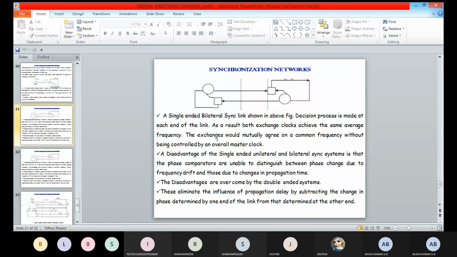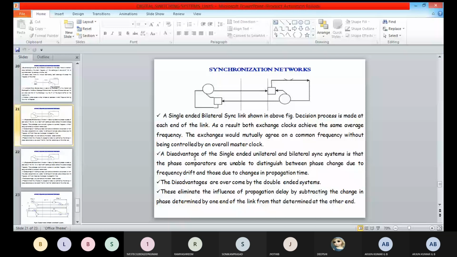Okay, and what are the disadvantages of the single-ended unilateral network? A disadvantage of single-ended unilateral and bilateral synchronous systems is that the phase comparators are unable to distinguish between a phase difference due to frequency drift and one due to a change in propagation time.